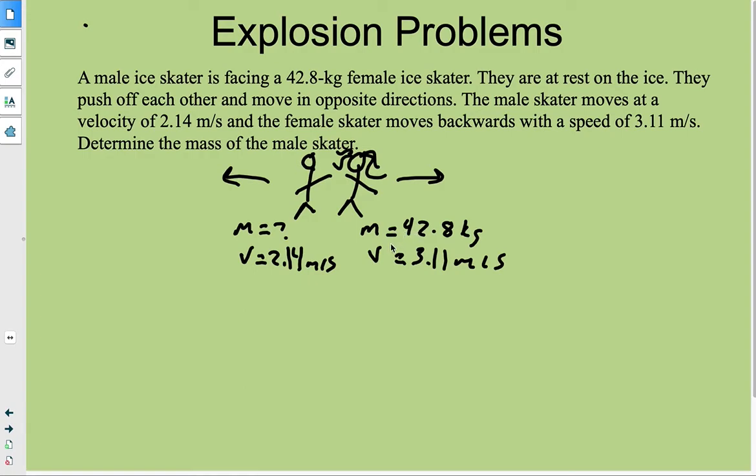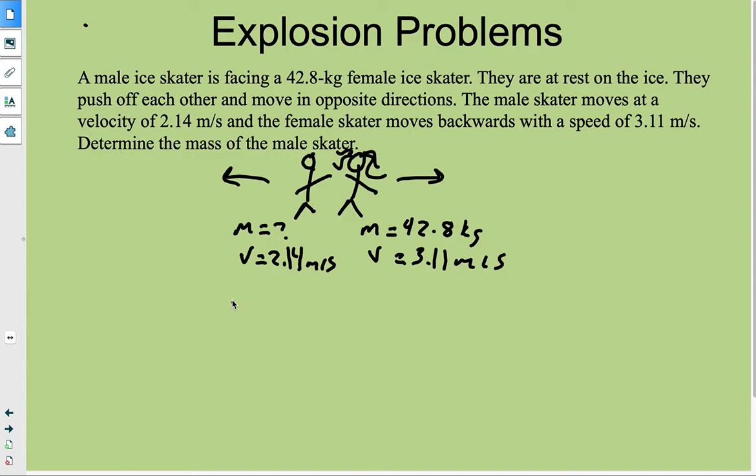Now, you saw this yesterday in your lab. So when Mr. Hammond started piling heavy weights into one of the carts, that cart, the cart with the heavy weight, always had the smaller velocity, and the cart with the lighter weight always had the bigger velocity. All right? Just like our gun and our bullet, or our female skater and our male skater.